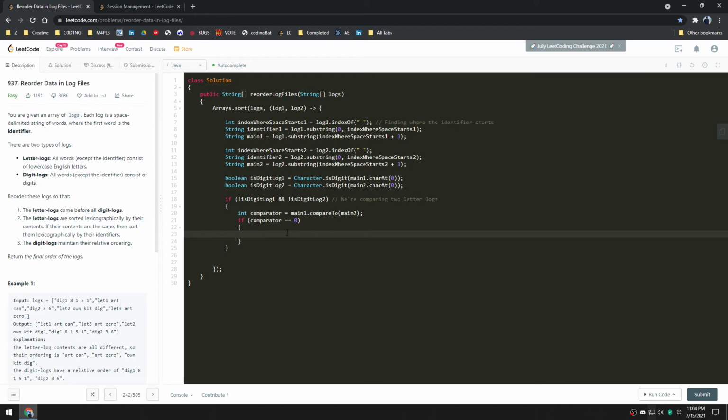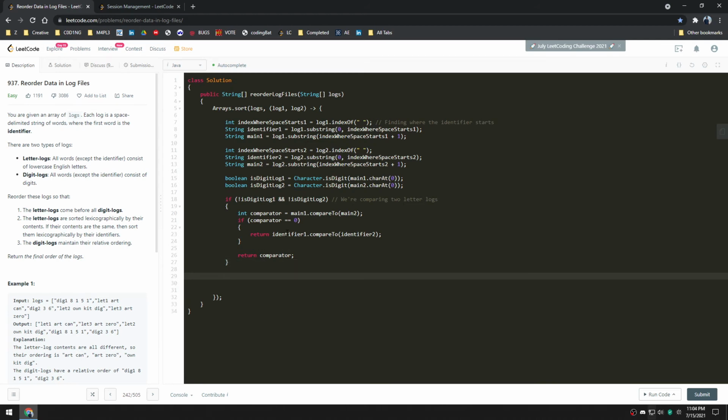So if the comparator is equal to 0, then we just need to return the comparing of identifier 1 with identifier 2. And then down here, we can just return our comparator.